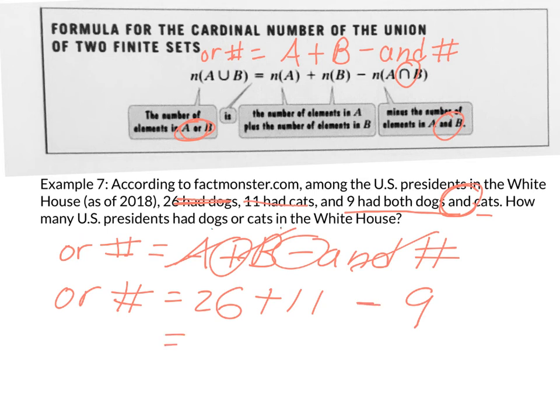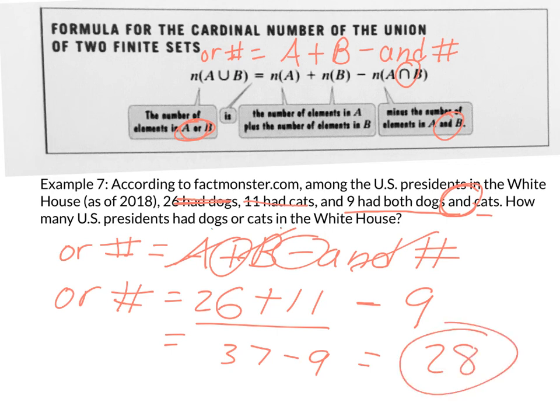So here we go, now we just compute it out. We're going to do 26 plus 11 first, which gives us 37. Bring down the minus 9. Now we're going to do our 37 minus our 9, and we get a final answer of 28.